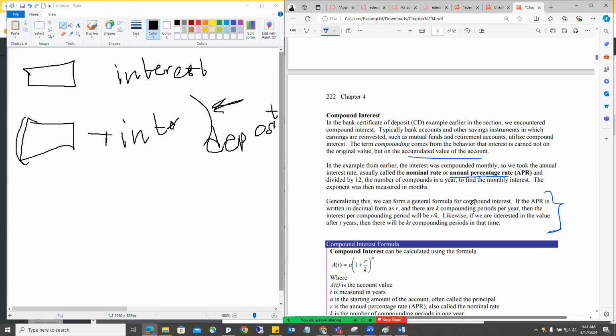So there we are going to consider a new formula.